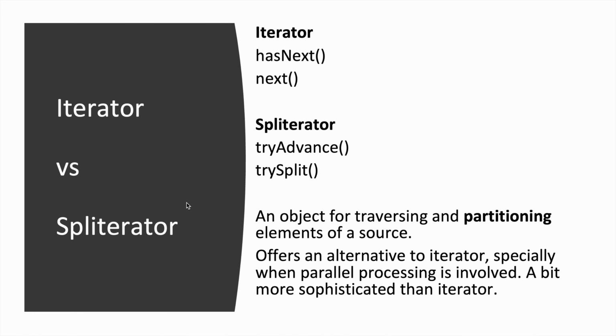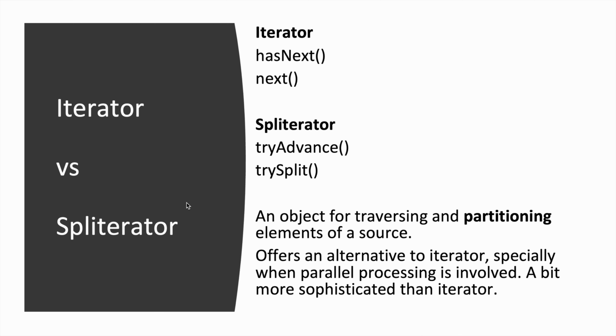The difference between the Iterator and the Spliterator is that the Spliterator also partitions elements. It's an object for traversing and partitioning elements of a source, and it offers an alternative to Iterator, specifically when parallel processing is involved. It's a bit more sophisticated than an Iterator.